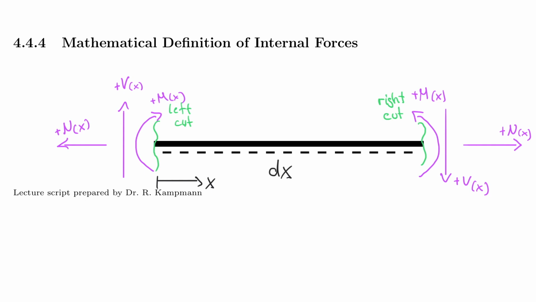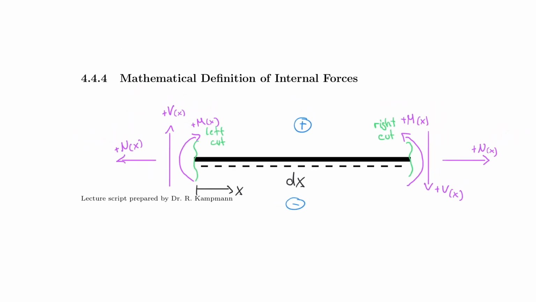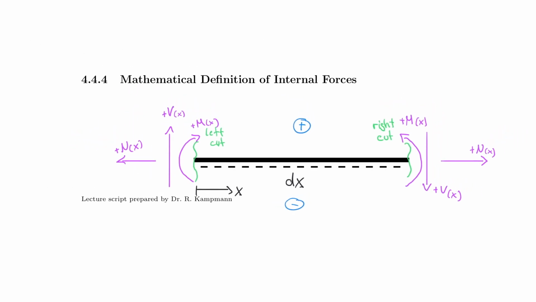And last but not least, let's understand that this here is the positive side, right? So this is positive, this is negative. Now, why is this important? It is important because later on you may not have the reference fiber on the bottom, or you may not have a horizontal member. So then you need to actually bring this notation here and line it up with your actual problem at hand. So what you should probably do is go ahead and cut a little card out of paper.